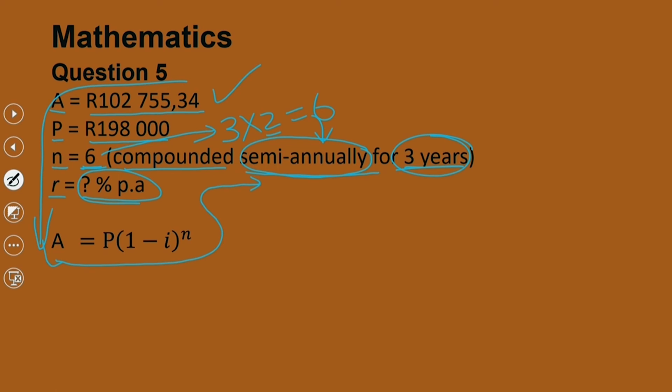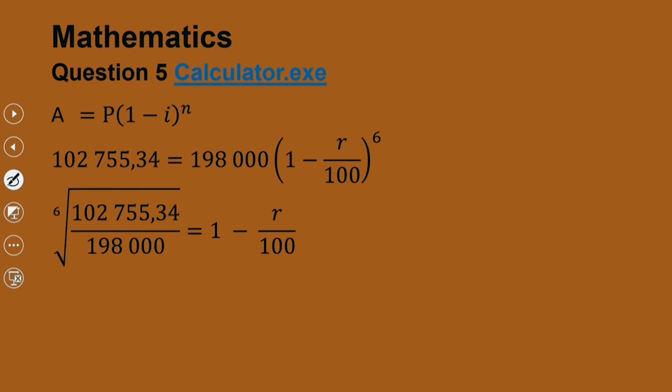What are we using to calculate this? We are using the depreciation or decay compound formula, right? So we say A is equal to P, 1 minus I, in brackets, everything to the power of N. Now we can substitute into this formula. Do we have the value for A?